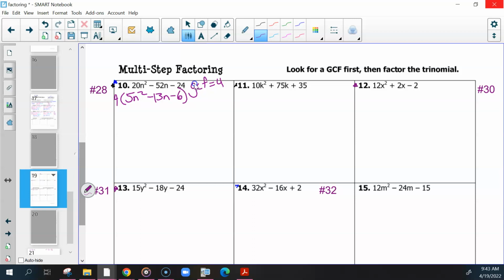I am going to show this example again if we didn't see the GCF, but we'll do that in a second. So now we're going to bring this 4 all the way down. We're just going to keep dragging it along. Now we are looking for two numbers that multiply to be 5 times negative 6, so negative 30, and add to be negative 13.